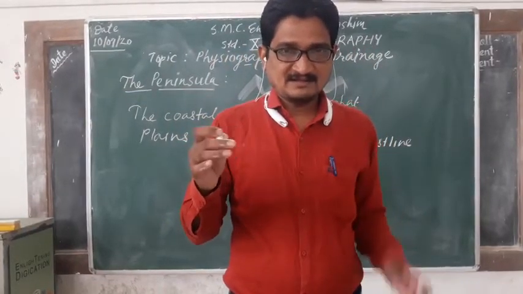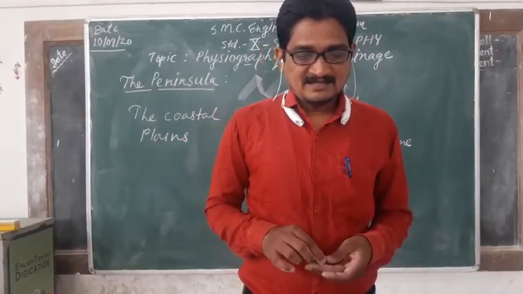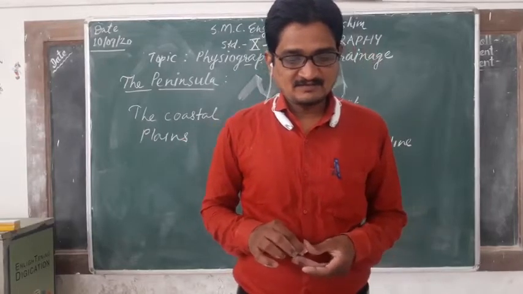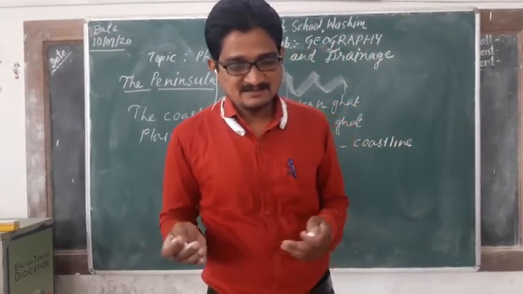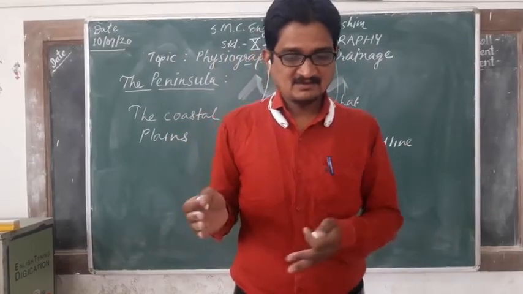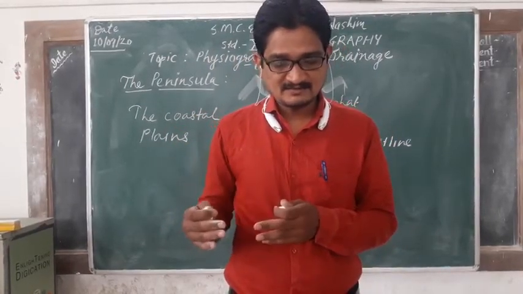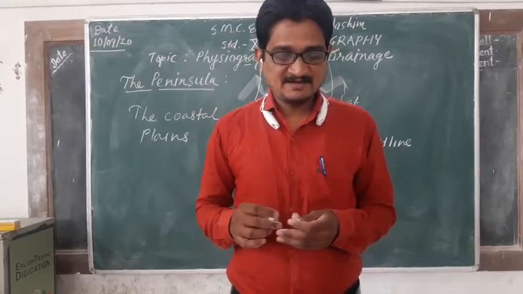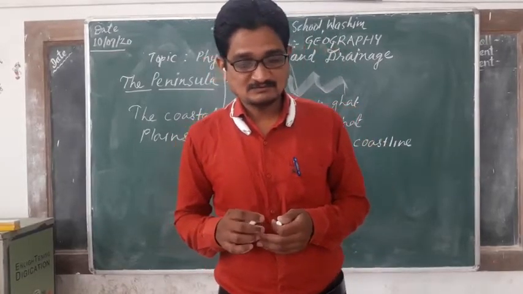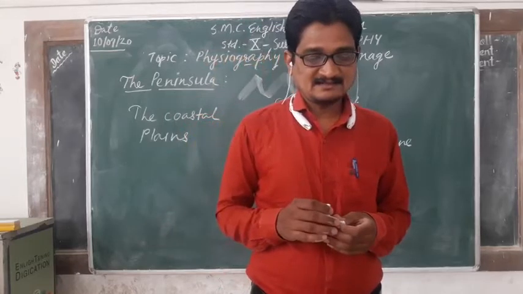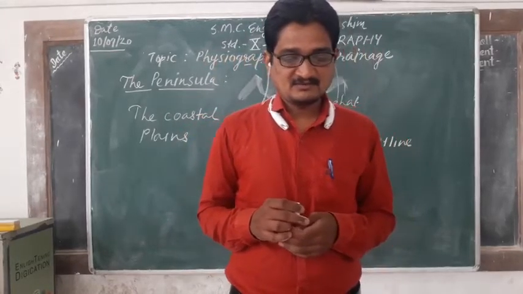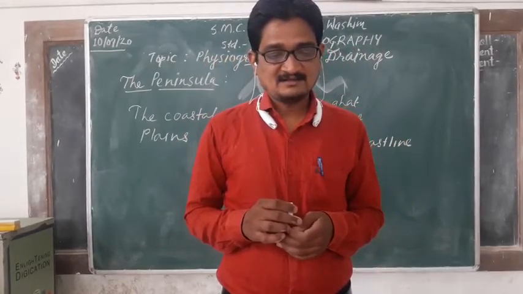Many east flowing rivers originating from the Western and Eastern Ghats meet this coast. Because of the gentle slope of the land, rivers flow at lower velocities and deposit the sediments brought with them at the coast. As a result, deltas are found along the eastern coast.